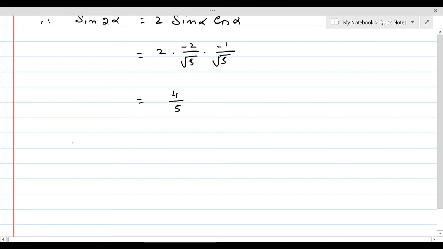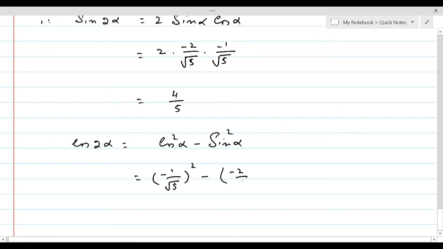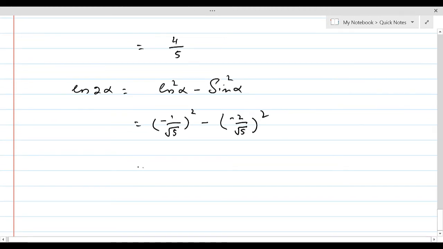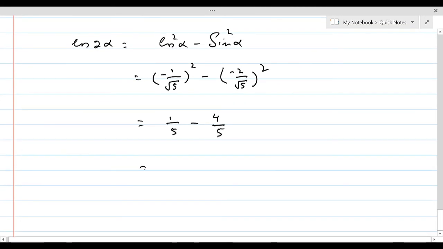And now if we want to find cos 2 alpha, cos 2 alpha is equal to cos square alpha minus sine square alpha by formula. Cos alpha is minus 1 by under root 5, squared, minus negative 2 over under root 5, squared, which means this is equal to 1 over 5 minus 4 over 5. The answer is minus 3 over 5.